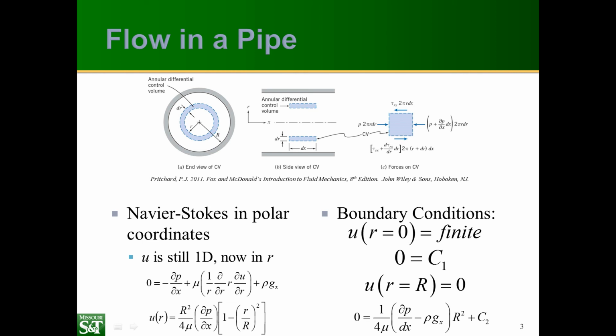So here we have a maximum value, which is defined by this set of terms. And then we have an additional term here. And this allows us to describe the velocity distribution inside of a round pipe.